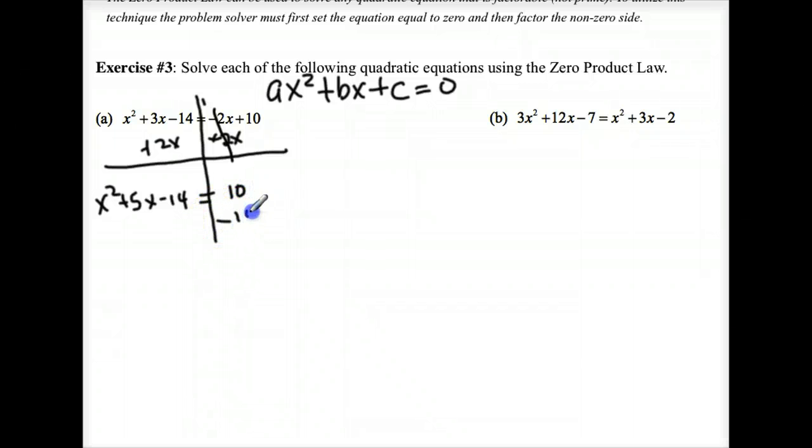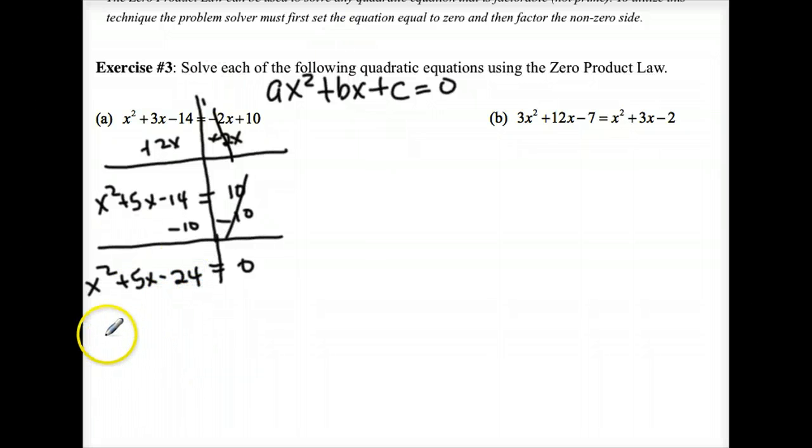Now I want to get rid of the 10, minus 10 on both sides. My 10s cancel, 0, which is what I'm looking for. This becomes x squared plus 5x minus 24. Perfect. Now that I have this, I want to say what's my A, what's my B, what's my C. My A is 1, my B is 5, and my C is negative 24.